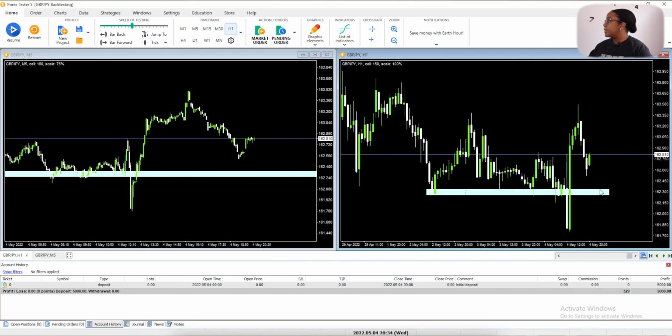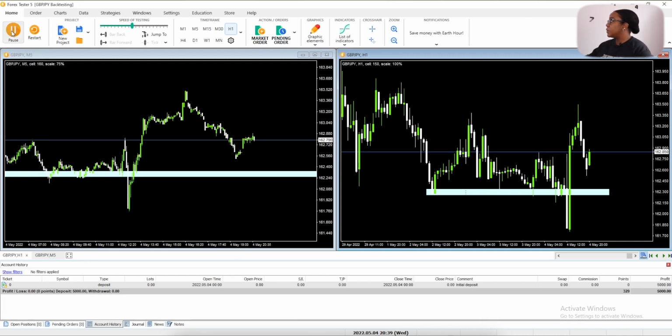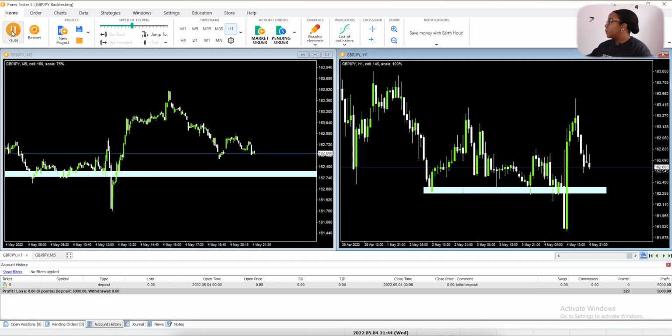If it does come back down, I would want to see some sort of tap into that zone, some sort of rejection. I don't want to see any candlesticks closing in the zone or below it. I want to see a nice clean rejection. It could tap it, create a wick, but at that point, I just want to see if it sustains this level. So that's basically what I'm looking for.